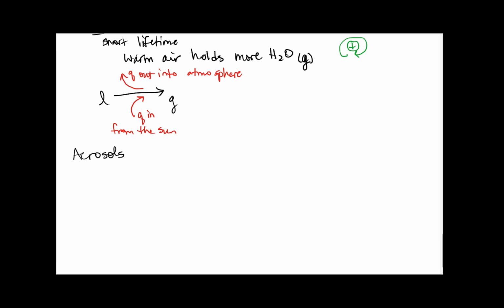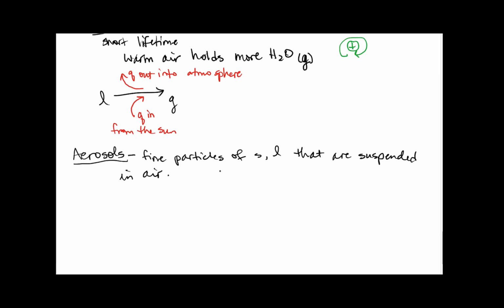So the first thing that I want to make totally clear with the aerosols is that these are very fine particles of either solid or liquid that are suspended so they don't fall to Earth. They could be bits of dust, they could be bits of ash from incomplete combustion or forest fires.